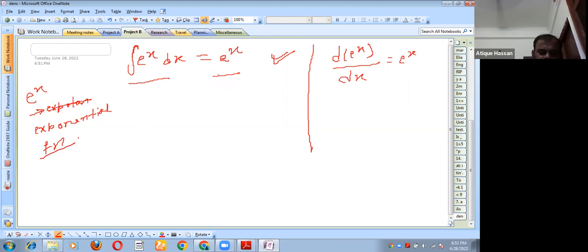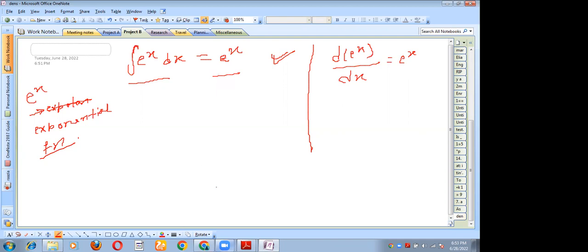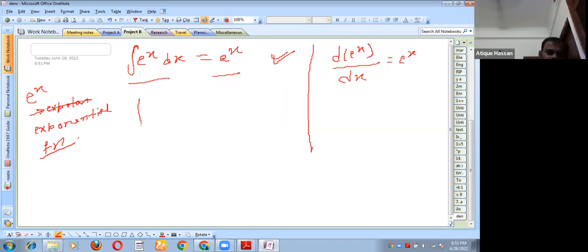Yashika? Yes, sir. So if x is multiplied by some constant, suppose it is a times x, whenever x is multiplied by some quantity, the integration becomes like this.